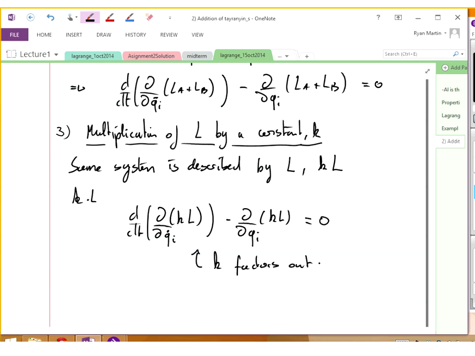And it's only the ratio of the terms in L that matter, not the overall scale of the Lagrangian. And so multiplying the whole Lagrangian by some number, in some sense, is equivalent to changing the definition of mass, the units of mass.